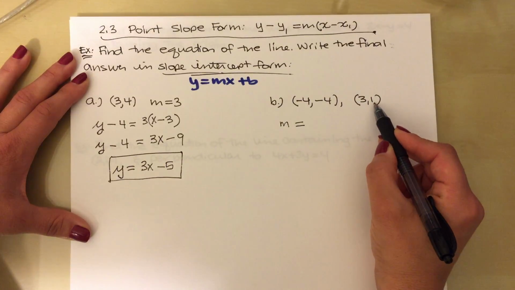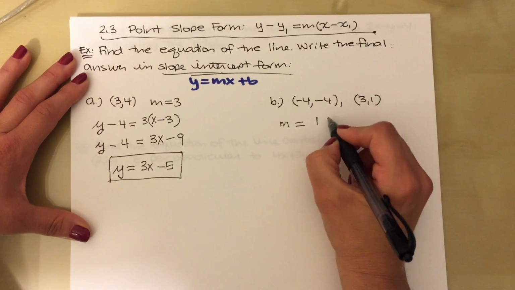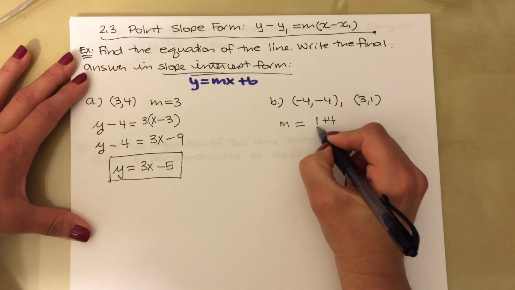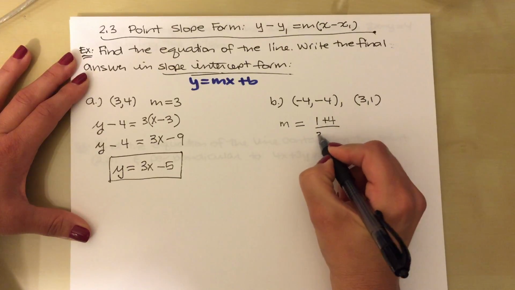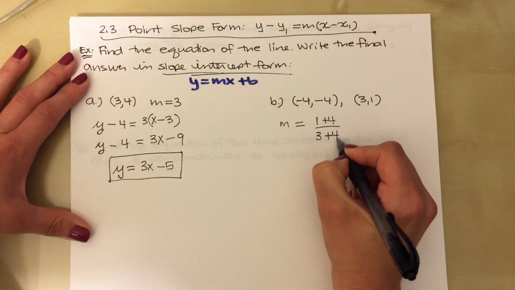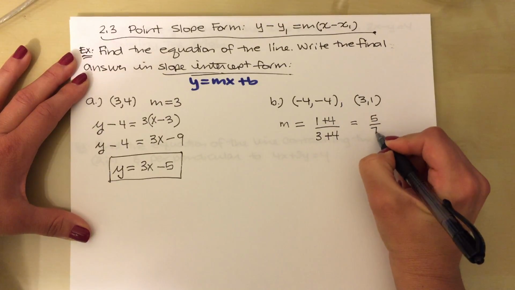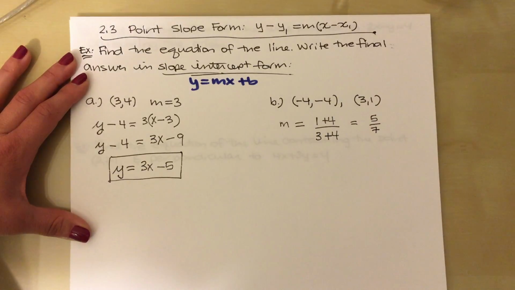So we're going to write 1 minus negative 4, which is plus 4, and then 3 minus negative 4, which becomes plus 4. And then, of course, we add, and we get our slope to be positive 5/7.